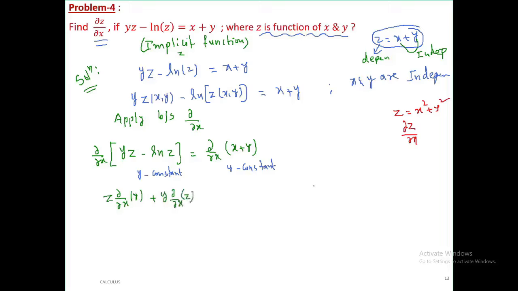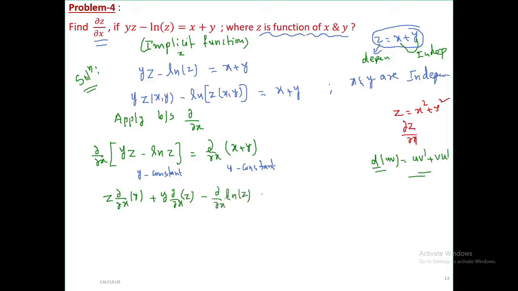So what is the UV method? Derivative of UV is u v dash plus v u dash. First v as it is, u derivative; next u as it is, v derivative. Same thing I am applying here: z as it is, y derivative; next y as it is, z derivative; minus dou by dou x of ln z.